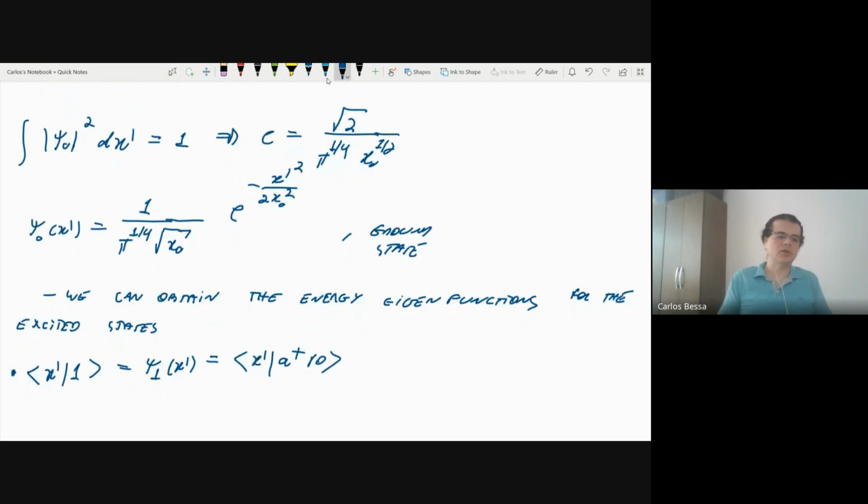This is the one state. And using the definition of a dagger, I will just write here 1 over square root of 2 m h bar omega, x prime, m omega x minus ip, 0.